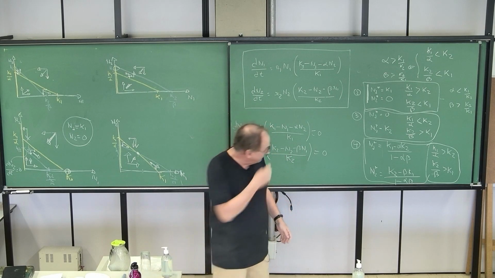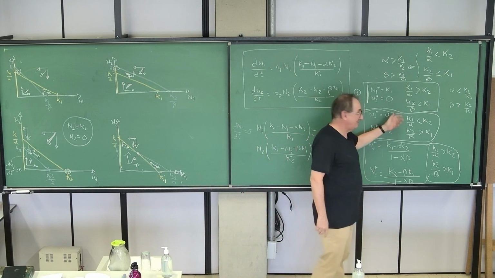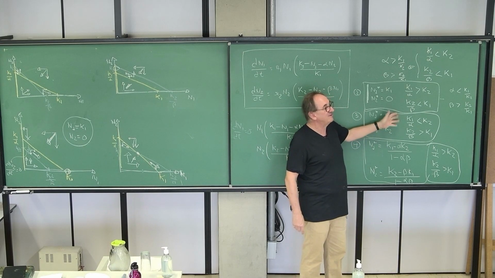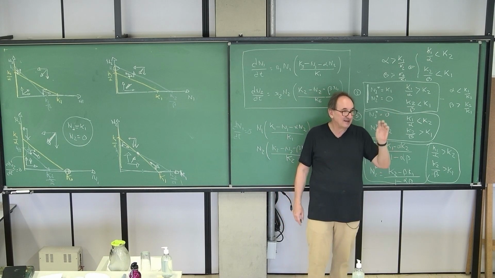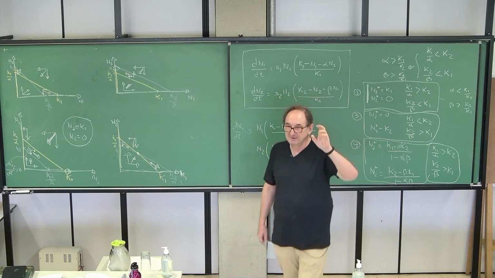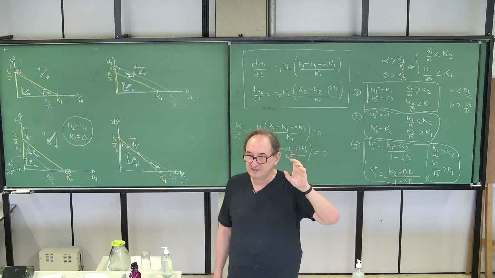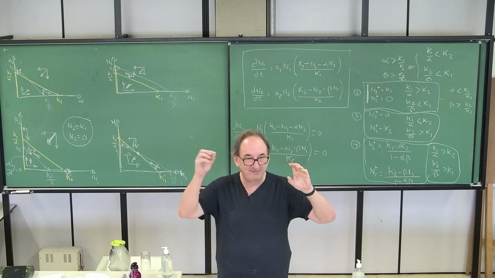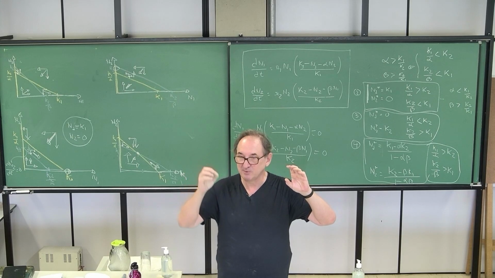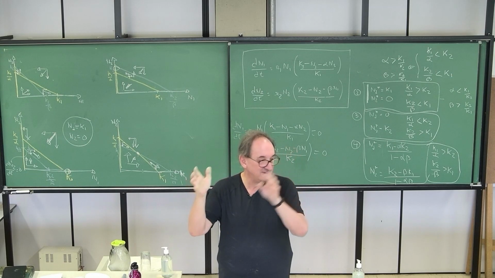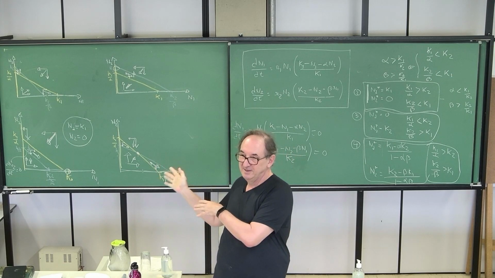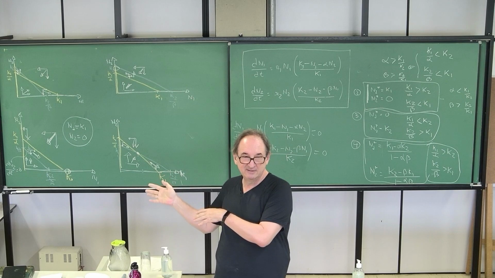So we found that the ratio K1 over K2 is an important parameter in order to measure if alpha is bigger or smaller than this ratio. And depending on the inequalities, I have either one result or the other.